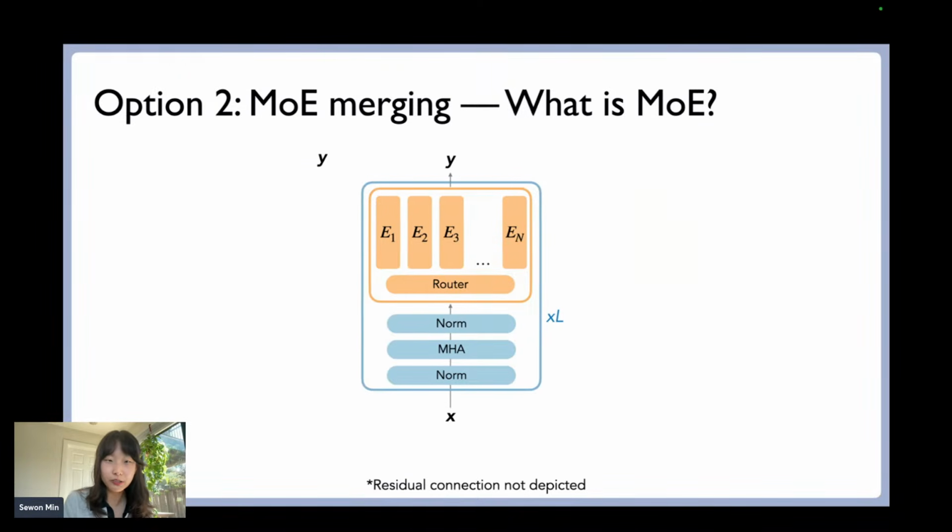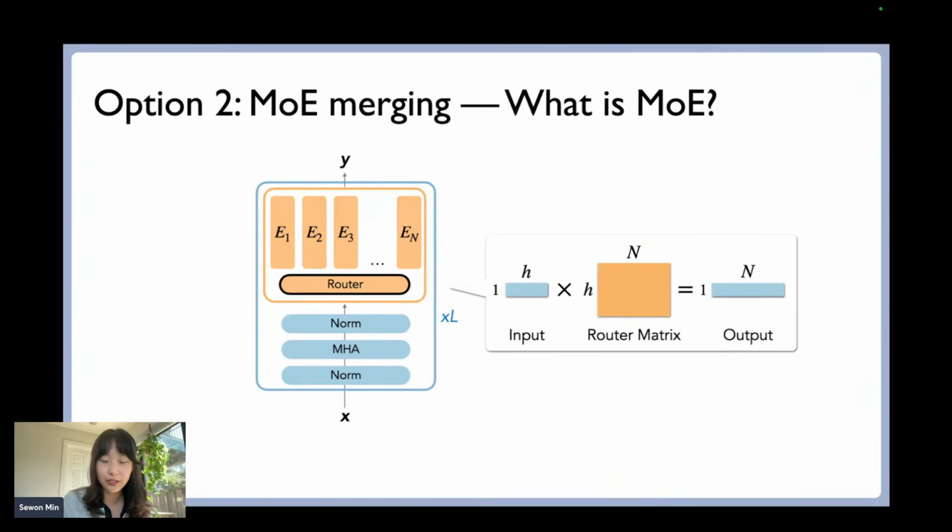And because this is quite important, just to zoom in, this router weight is basically a router matrix like this. So what happens is before this mixture of experts module, there is an input that is coming from the previous layer. It's basically an h-dimensional vector, and then we need a router matrix that is h by n matrix, where n is the number of experts.